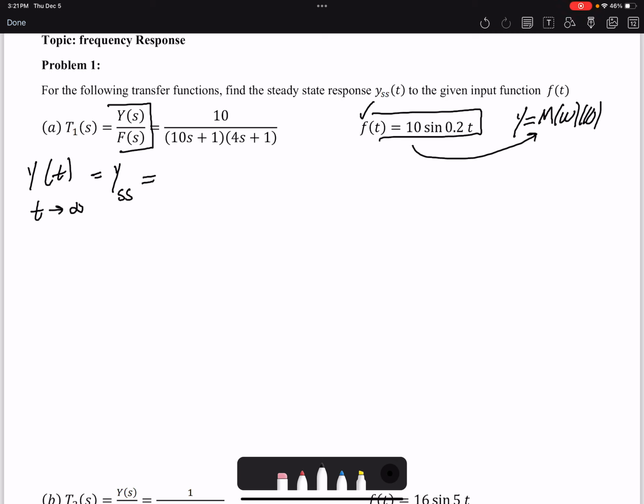And also here sine 0.2t, where 0.2 is the frequency, would be the same, but we are going to have a change in phase as well. So our job is to find the change in magnitude and the change in phase. So I can write it here, 10 M. The change in magnitude depends on the frequency, and frequency here is 0.2.